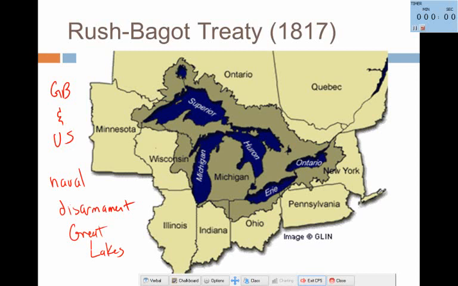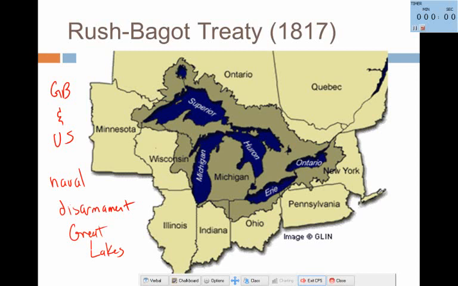And the idea is, what will we no longer have in the Great Lakes? What were we going to remove from the Great Lakes? Battleships. We're going to remove warships. The naval disarmament of the Great Lakes meant that we were going to remove our navies.